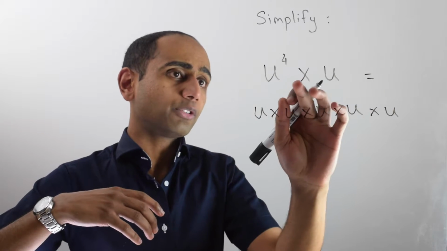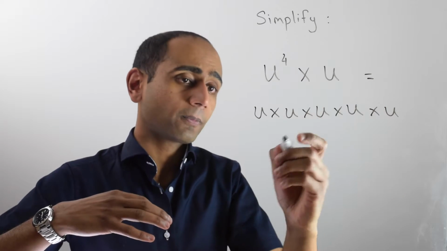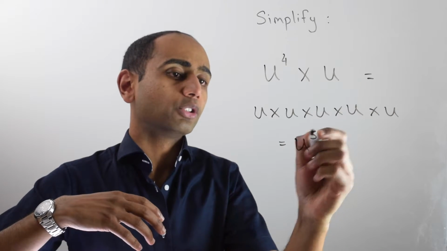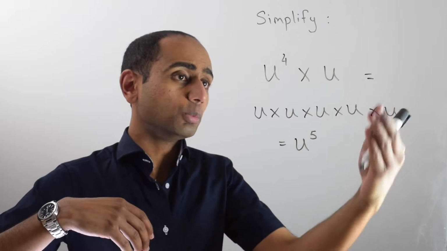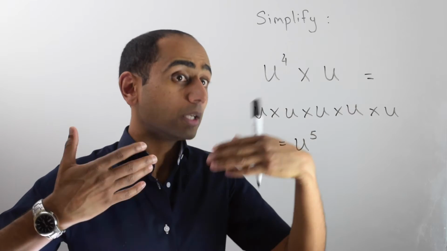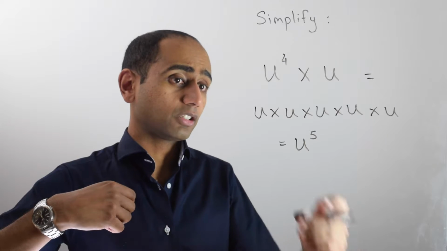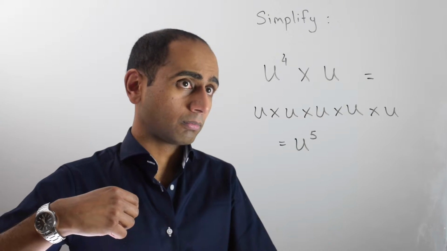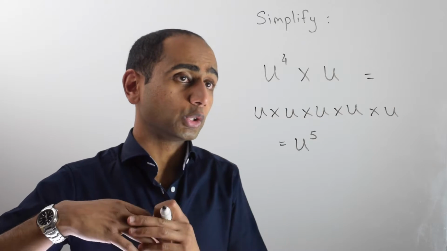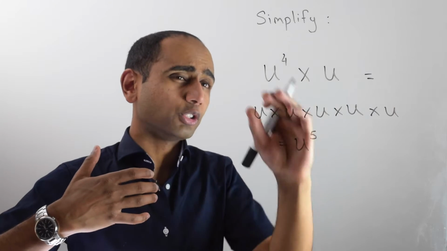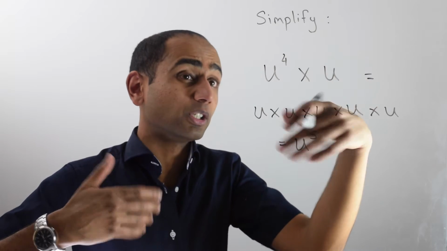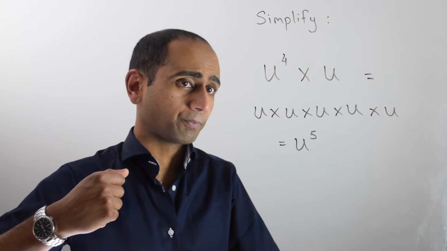So u to the power of 4 times u equals this thing, and all of that is simply going to be u to the power of 5, because I'm timesing u by itself, and I've got 1, 2, 3, 4, 5 of them being multiplied together. So that's u to the power of 5. You don't need to write out this stage of working if you know what you're doing. You can see for yourself, you've got u times itself 4 times, and then if you do it one more time, you're going to get u to the power of 5.